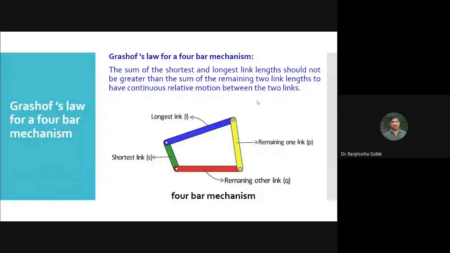So the length of the shortest link plus the length of the longest link should be less than the sum of the lengths of these two links to have continuous motion between the two links, and that is called Grashoff's law.